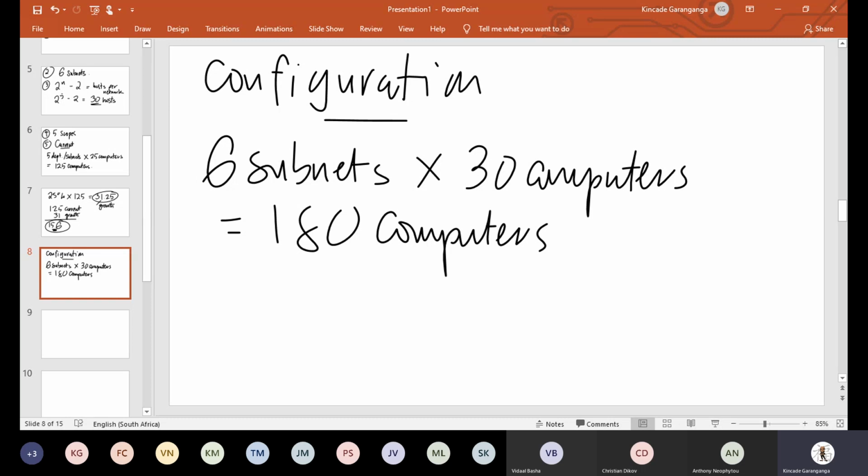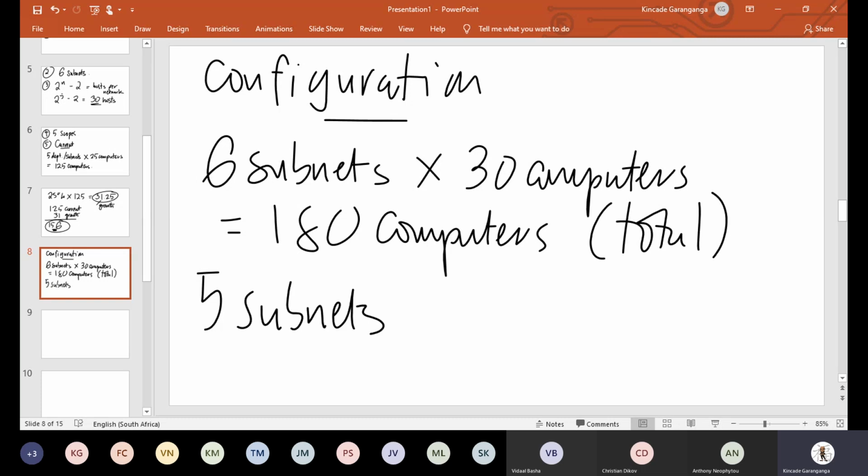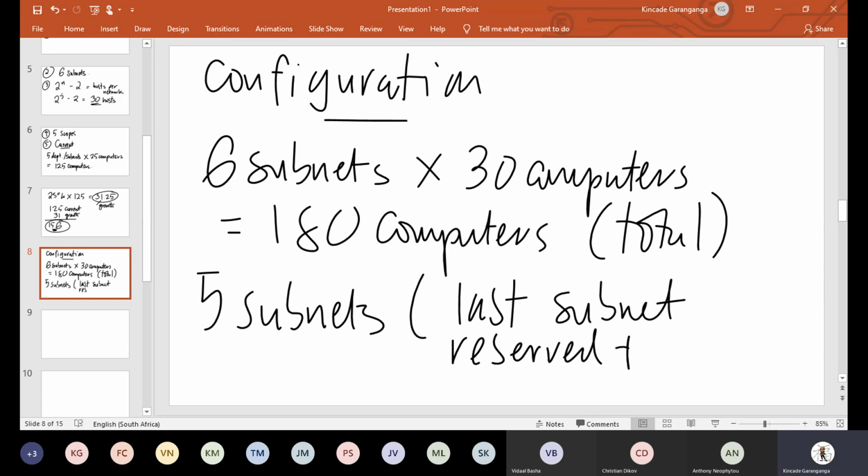So ultimately, we've got 5 subnets that we need to be working with, because remember, the last subnet is excluded. Why? The reason being, the last subnet is obviously reserved for the servers. So we can't use the last subnet, regardless of us still having enough space there.